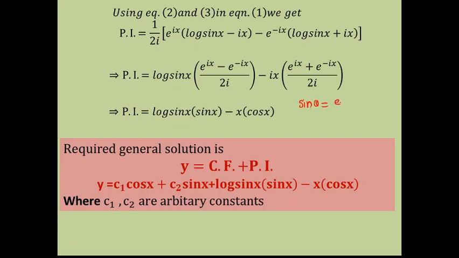Sin theta is nothing but e raised to power i theta minus e raised to power minus i theta upon 2i. This is the trigonometric sine function, right? And the trigonometric cosine function is e raised to power i theta plus e raised to power minus i theta upon 2. Just making use of these formulas, you will get the desired result.